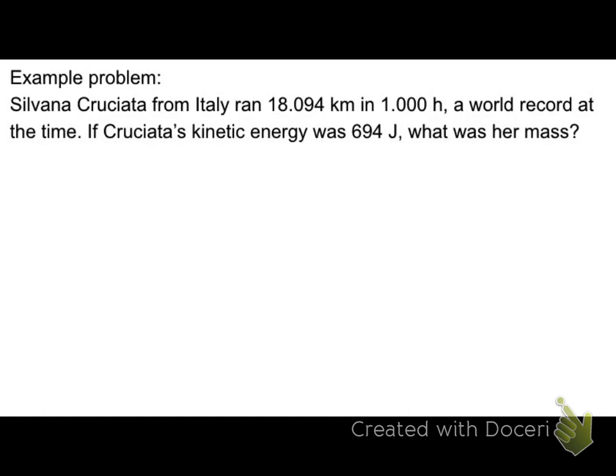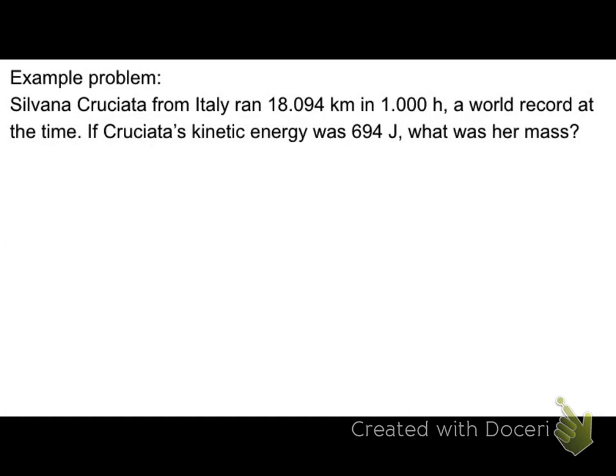So it's a lot of miles that she ran in just 1 hour, which at the time was a world record. So if her kinetic energy was 694 joules, what was her mass? Grab that equation that we had and see if you can calculate her mass.